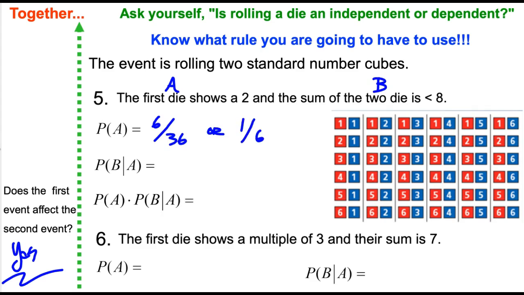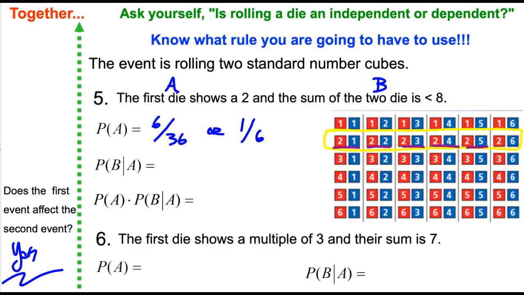And the probability of B given that A happened. Well, if A happened, that means that the first die is a 2. That means I'm right in here. Right? I'm one of those 6. Agree? So if that happened, now what's the probability the sum is less than 8? Well, that one is, that one is, that one is, that one is, and that one is.